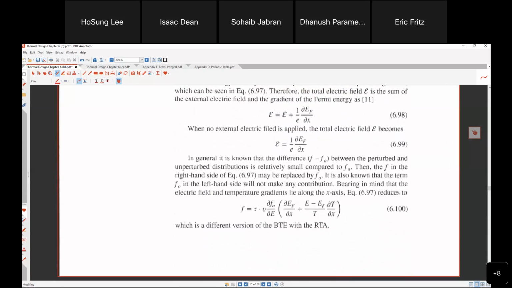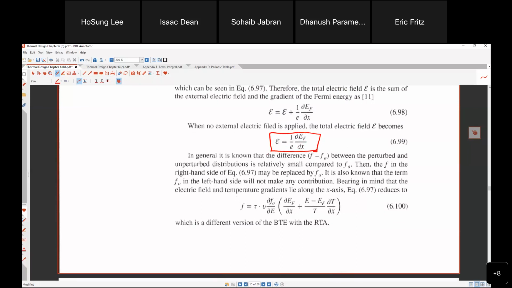So what we come up with, so important, is that electric field internally is the gradient of Fermi energy. That's why Fermi energy is important. And the Fermi energy gradient, that is electric field.